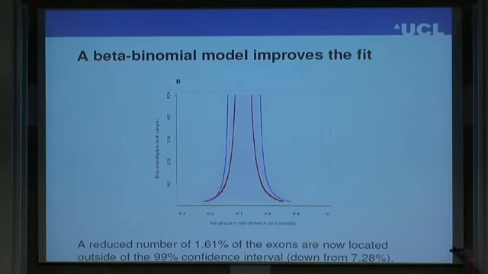We have uncertainty about the actual center of the binomial distribution, and therefore if reads are a bit on the left end, it could be because your true underlying binomial happens to be 0.35 instead of 0.4. So your data are still fitting a binomial, but your true parameter of the binomial is moving around.